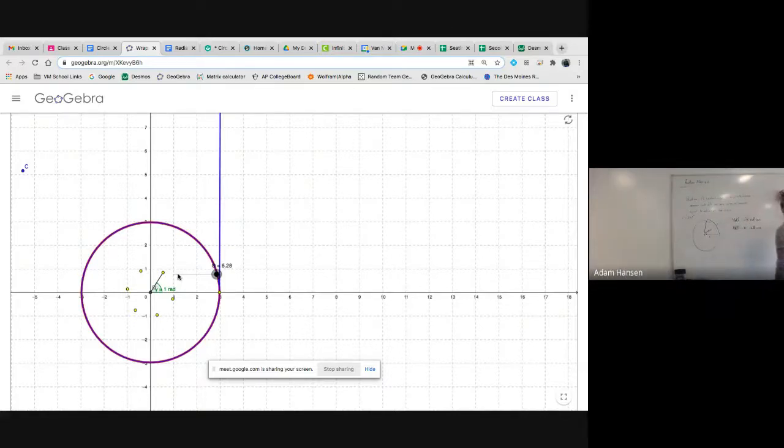Converting back and forth between radians and degrees can be done using a simple conversion factor based off the fact that 180 degrees is equal to pi radians.